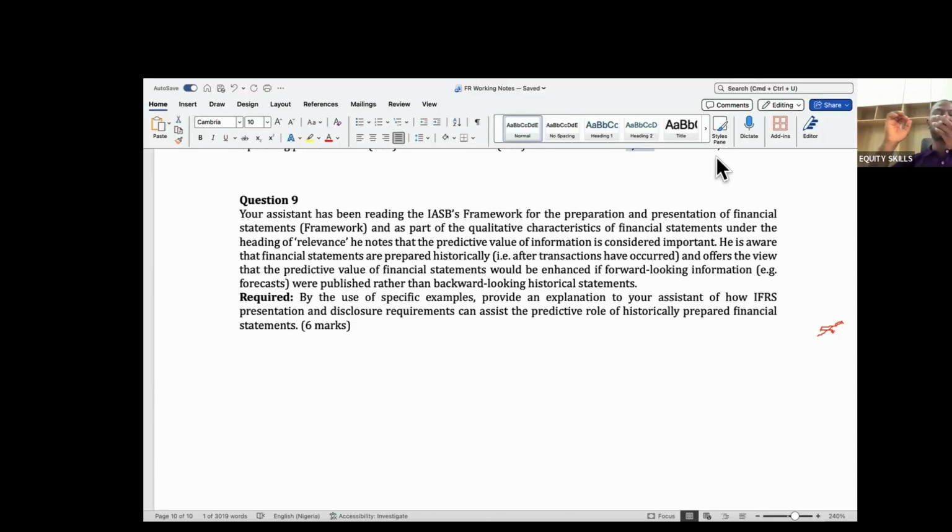So they are now asking us that by the use of specific examples, provide an explanation on how IFRS presentation and disclosure requirements can assist the predictive role of historically prepared financial statements. Can we speak to this? Have I mentioned anything around this?